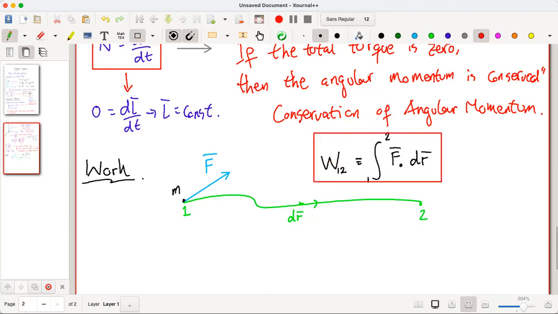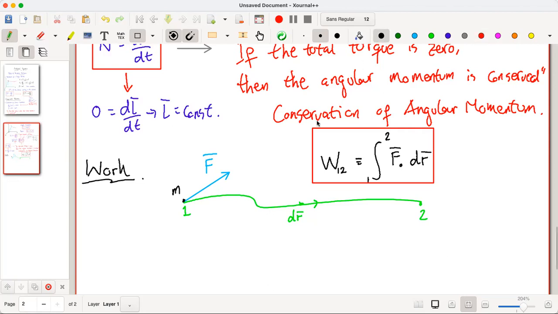Excuse me, sir. Is it necessary that the force direction and the displacement direction be in the same direction? No, it's not necessary. That's why we have the dot product here. The component of force that contributes to the work is just the component along the displacement.